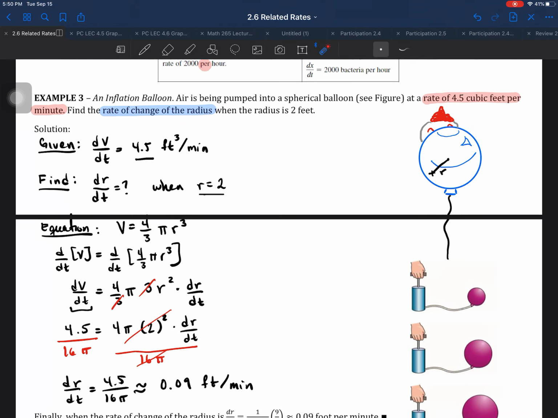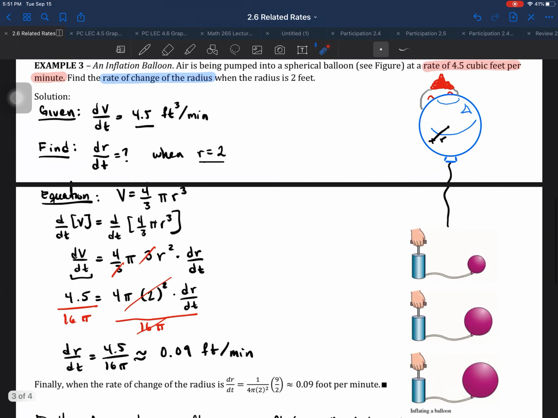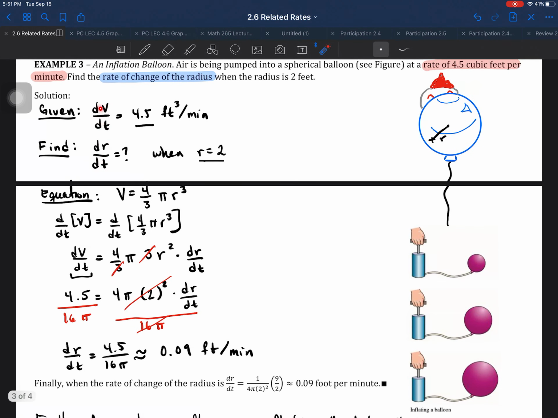So I need to find the relation between volume and radius. They gave me the rate of change of the volume, which was 4.5 cubic feet per minute. They asked me to find the rate of change of the radius over time when the radius is specifically 2 feet. So therefore, I have to find the relation between these two, right?